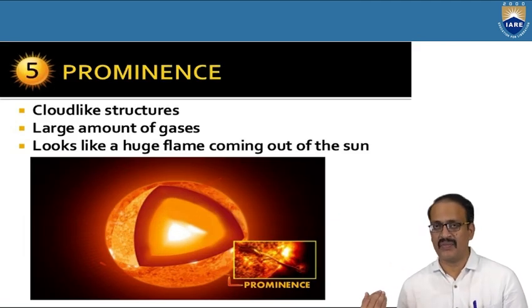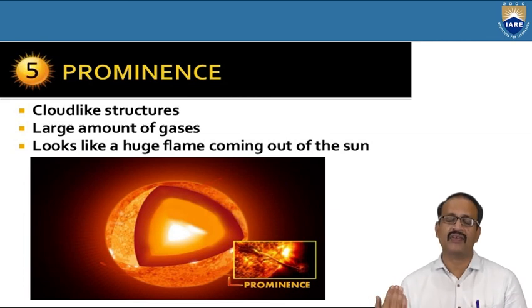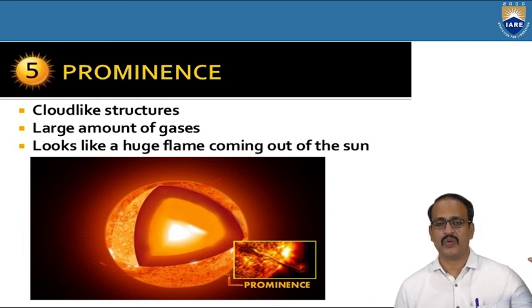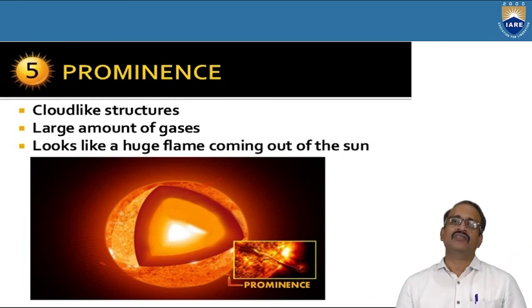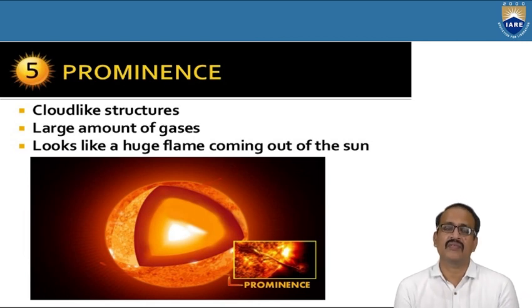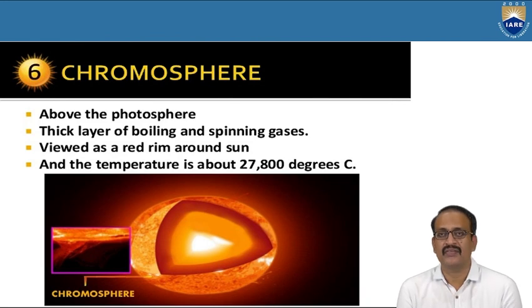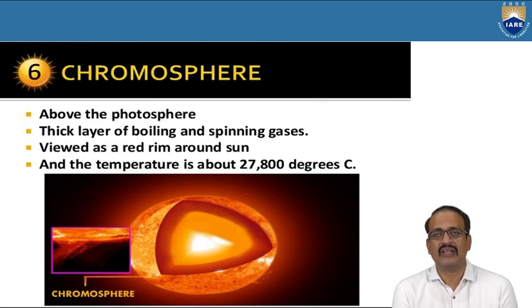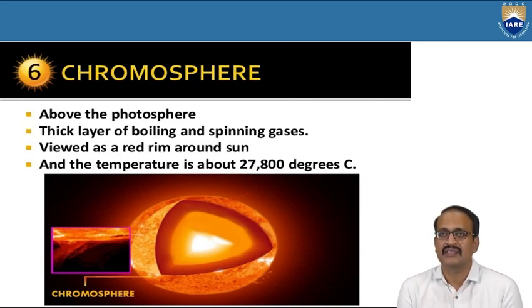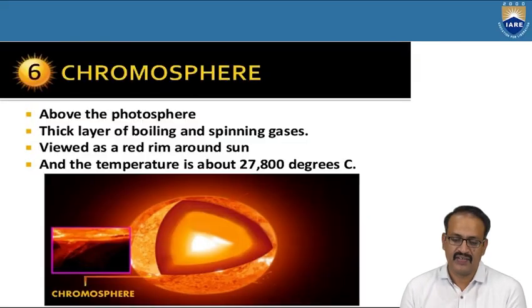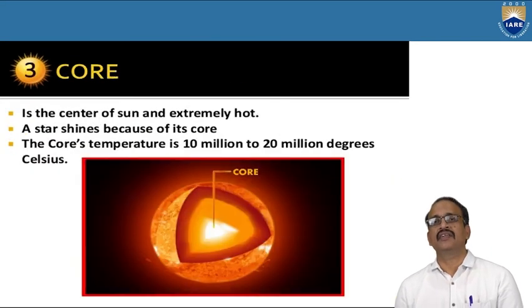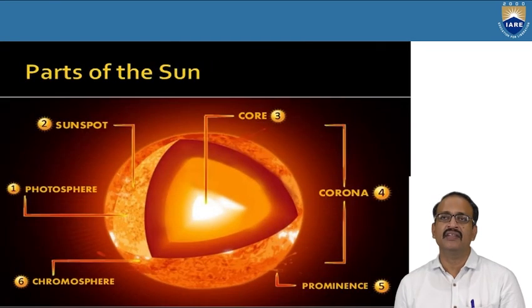It looks like something coming out of the surface of the sun, a cloud-like structure with a large amount of gases and huge flames. And the chromosphere looks like a red rim, with a temperature of 27,800 degrees centigrade. So these are the different layers, different zones of the sun.